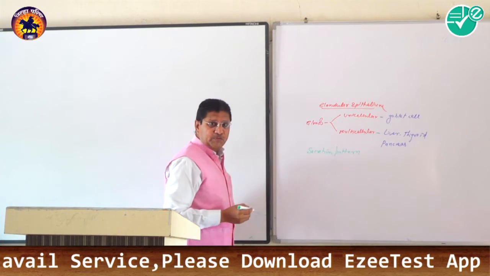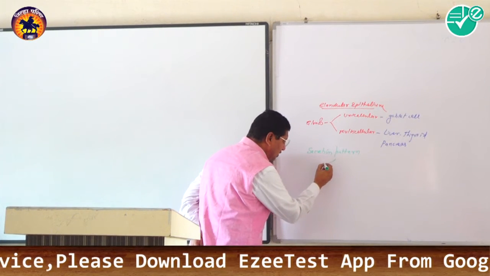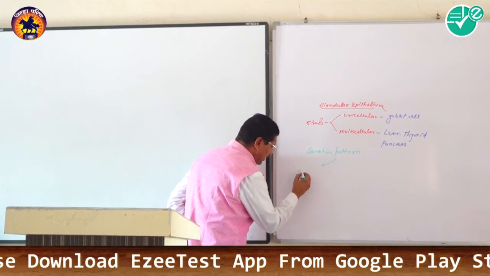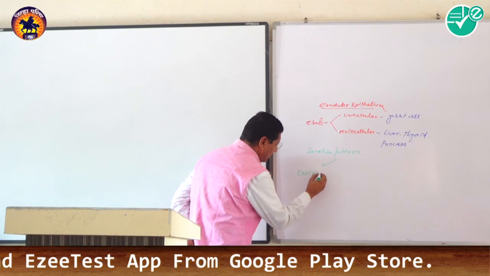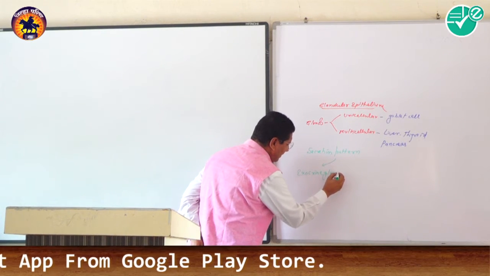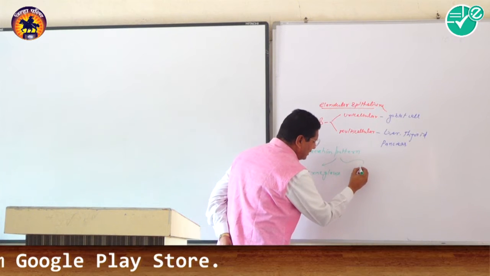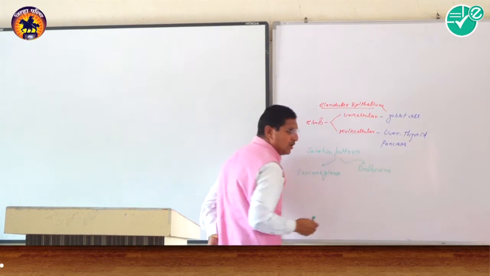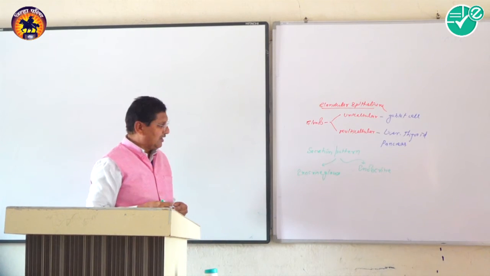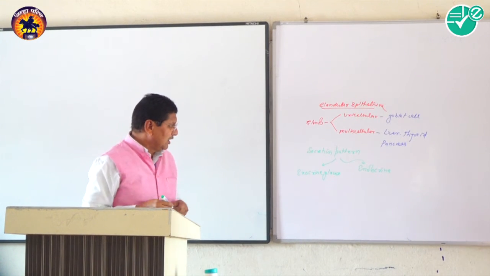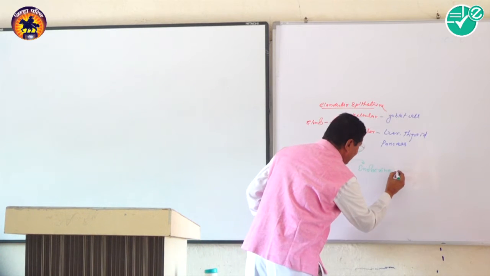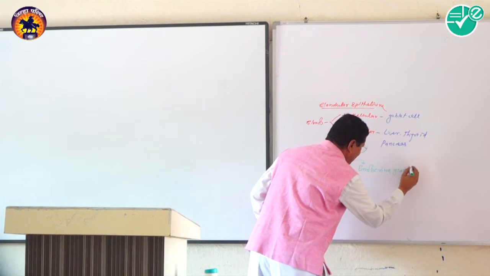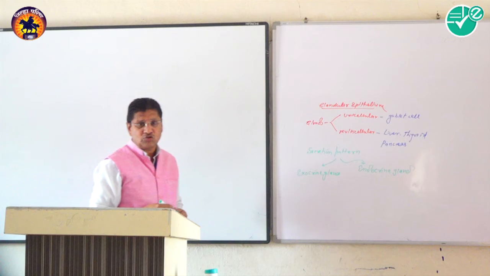They are classified into two. The first is known as the exocrine gland, and the second is known as the endocrine gland. The exocrine gland and the endocrine gland are two very important types of glands.